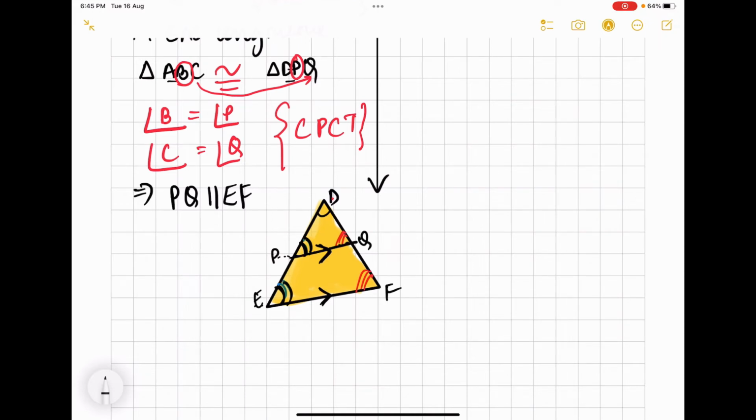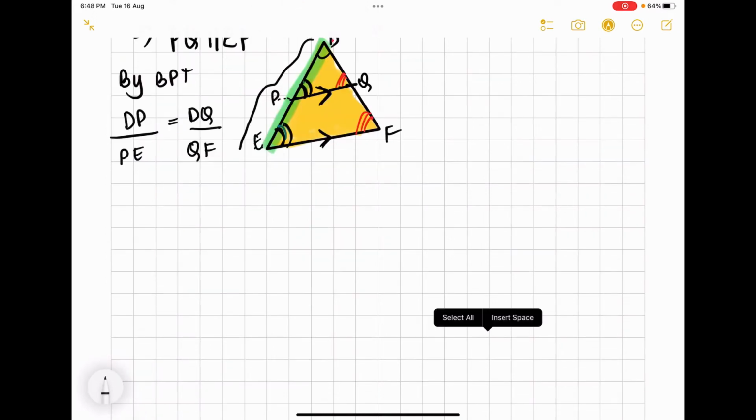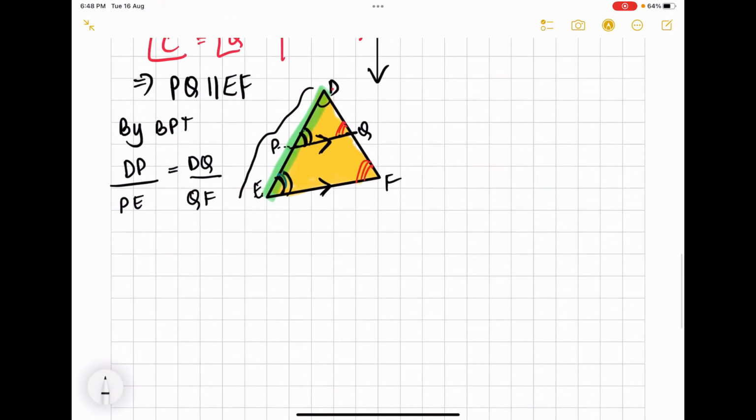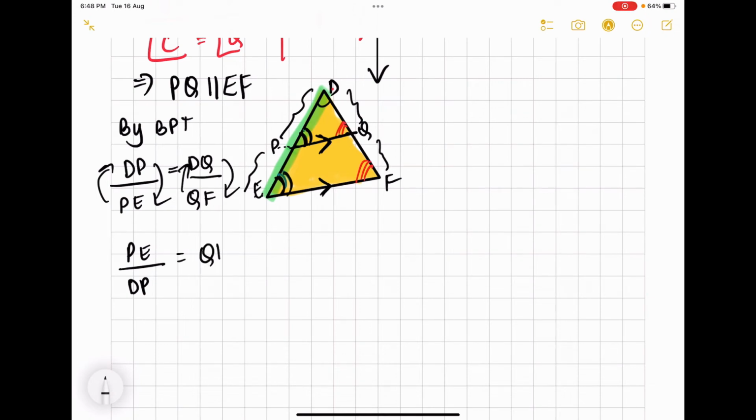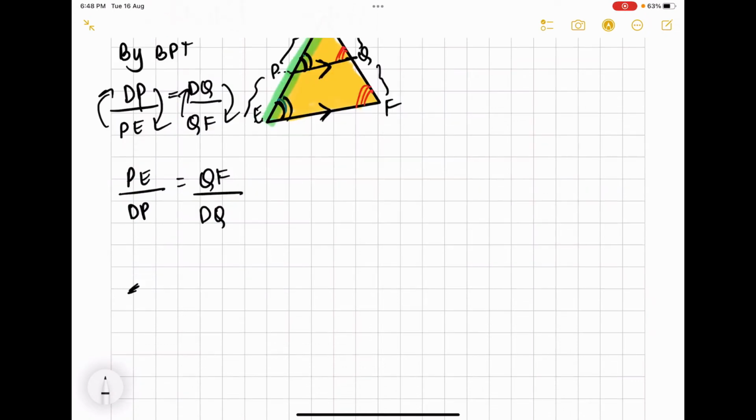So let us apply BPT. By BPT, we get DP divided by PE is equal to DQ divided by QF. By basic proportionality theorem, we got DP by PE will be equal to DQ by QF. Let me write this way, PE by DP. Let me invert this and I'll do the same thing as well over here. QF divided by DQ. And I got QF divided by DQ.